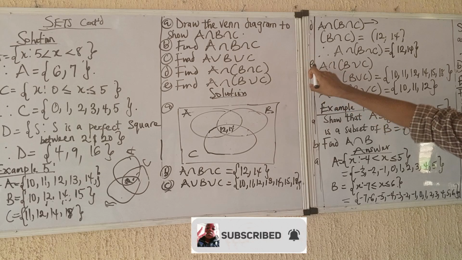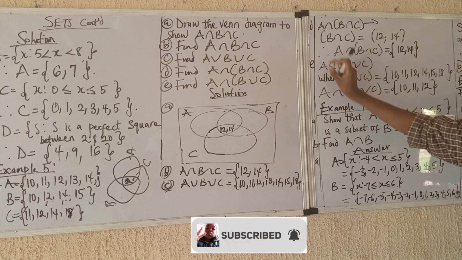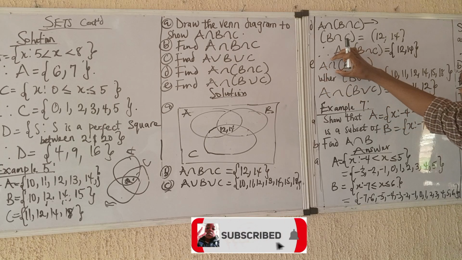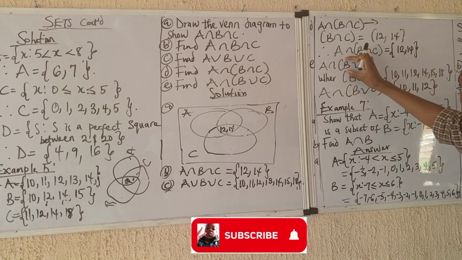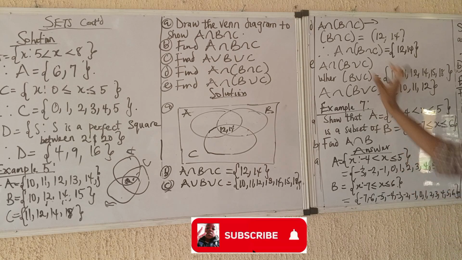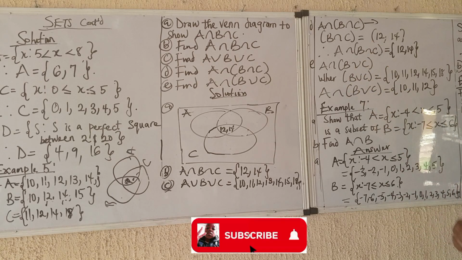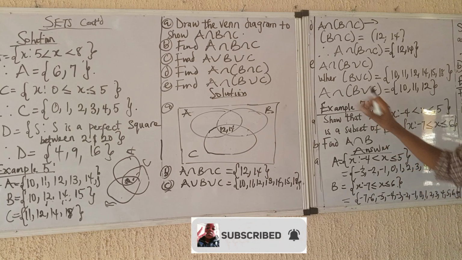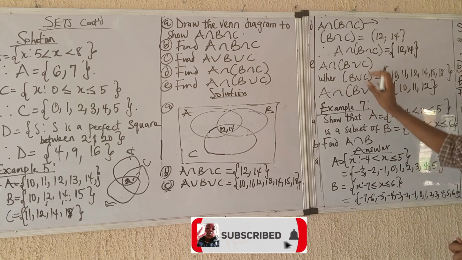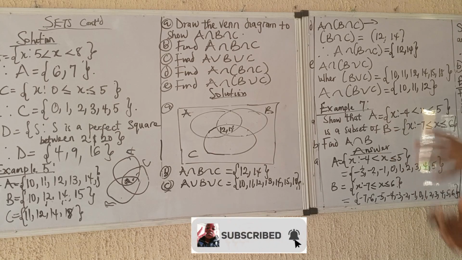So question E, find set A intersecting with bracket open B union C. I told you before, solving questions like this, we first of all deal with the ones inside the bracket. Where B union C, what is union? The elements combined together from the sets.